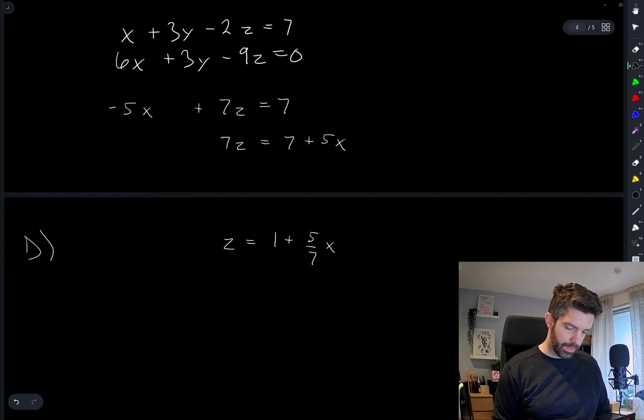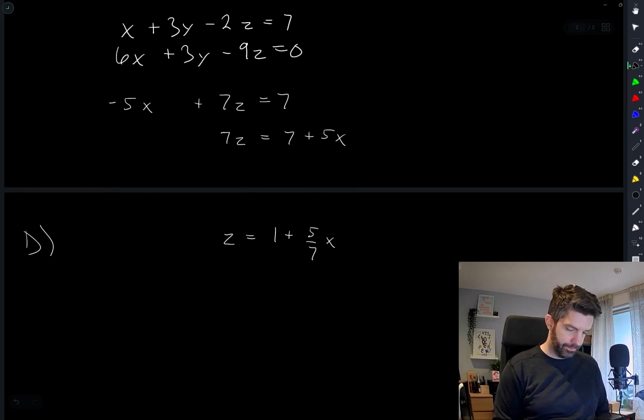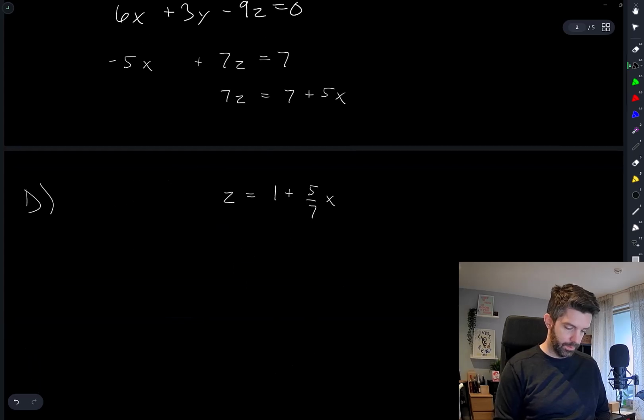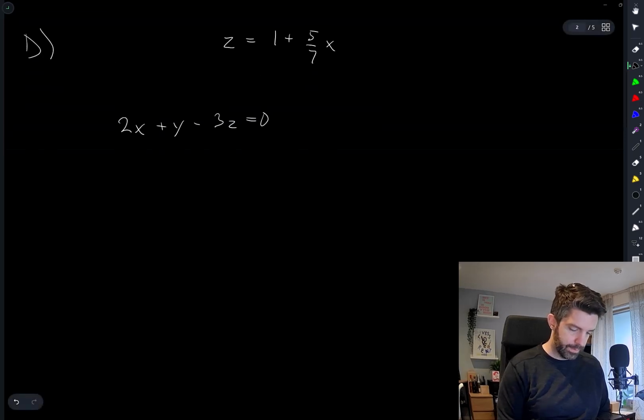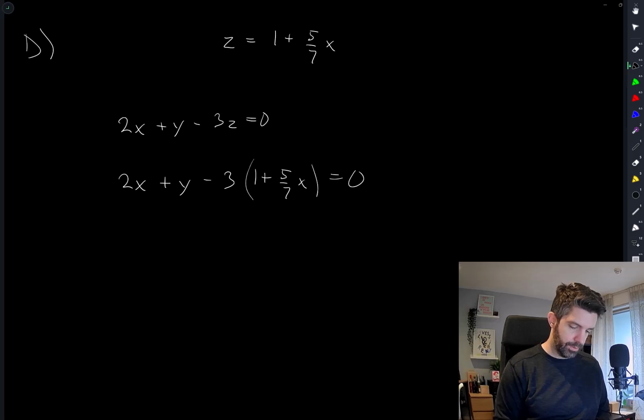So now I want to solve for y in terms of x. If I go back to 2x plus y minus 3z is equal to 0, this gives 2x plus y minus 3 times 1 plus 5 over 7 x is equal to 0. So I have 2x plus y minus 3 minus 15 over 7 x is equal to 0.